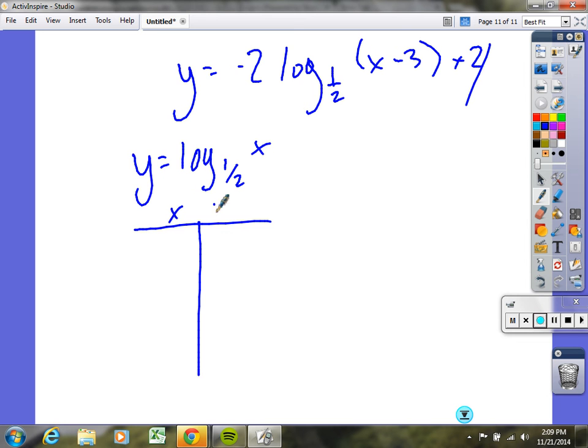Here's my x's, here's my y's. Fab 5 in the y, and that's because of the log. Because remember, 1/2 raised to that would be the x value. Does that answer your question? Yeah, so the log is there. 1/2 raised to the -2 would be 4.